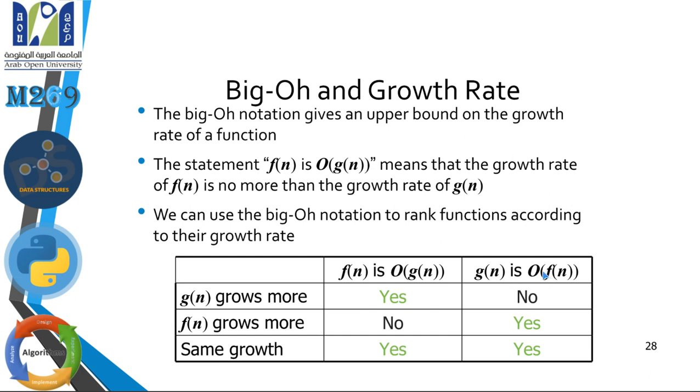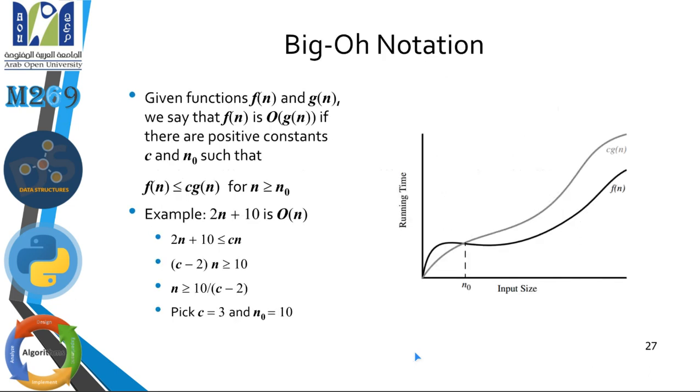Remember, g(n) is greater than or equal, which means at some point they might have the same growth rate.